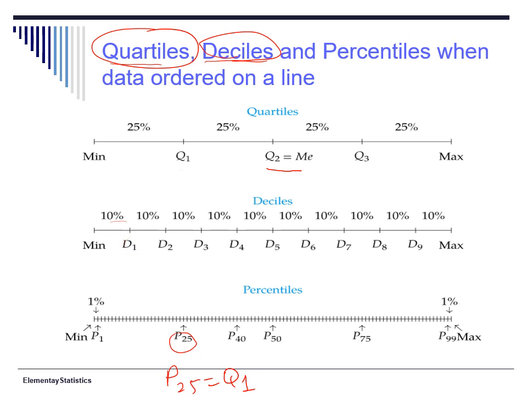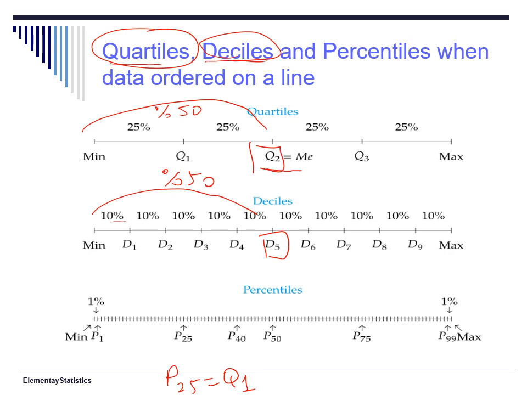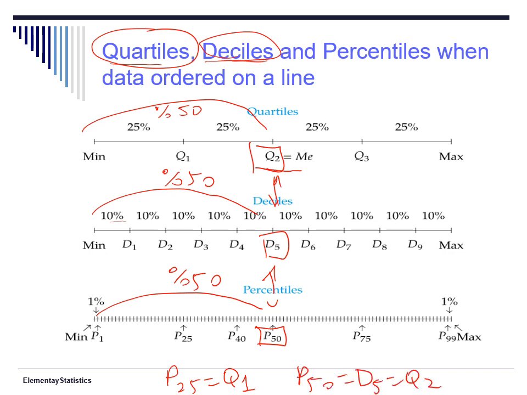This gives an idea: 50% is below Q2, 50% is below D5, and 50% is below P50. So you can say they are all the same. You can write P50 is equal to D5, which is equal to Q2.